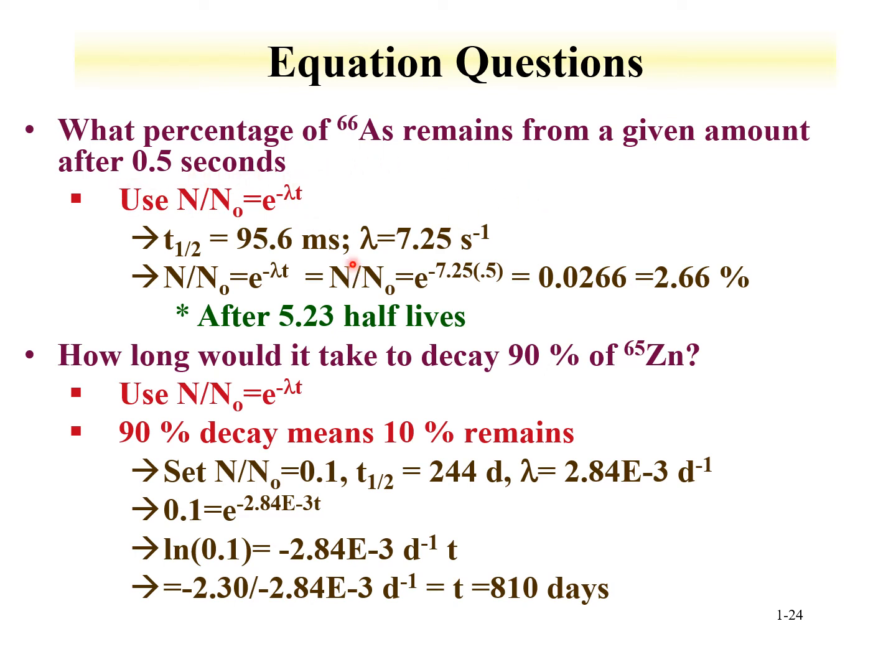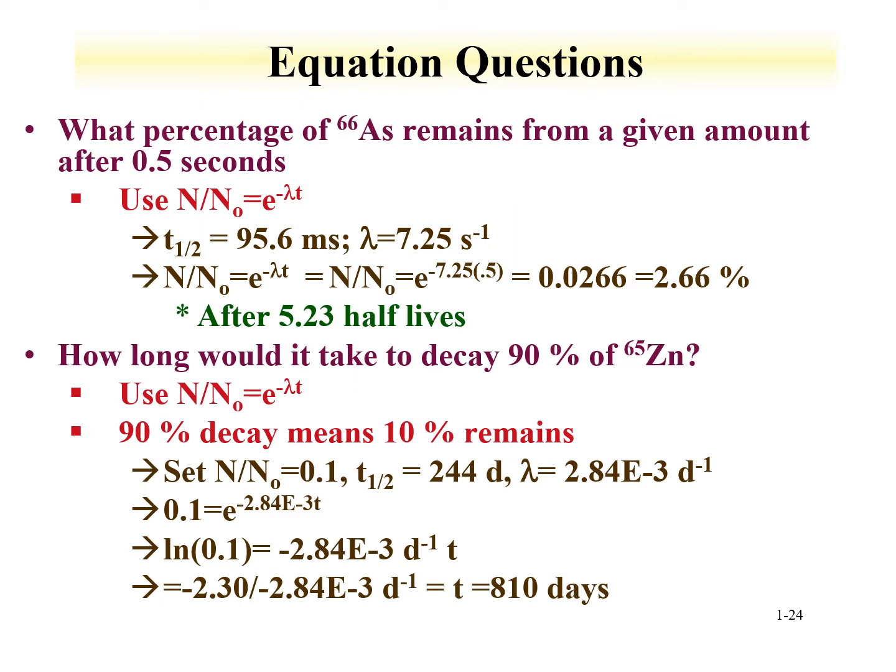So half a second, get my decay constant. The half-life of this isotope is 95.6 milliseconds. Convert that to seconds. My decay constant is 7.25 inverse seconds. E to the minus 7.25 times half a second is equal to 0.0266. A percentage is 2.66, and that's equal to that ratio. That's after a little over 5 half-lives.